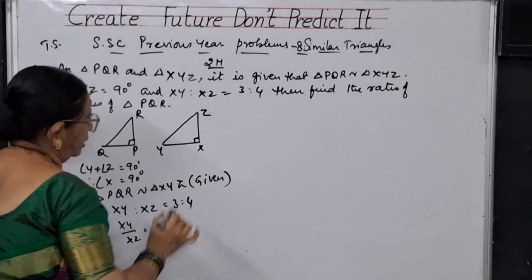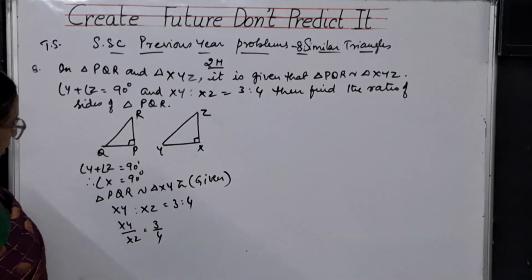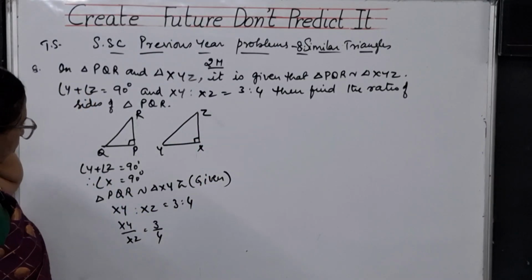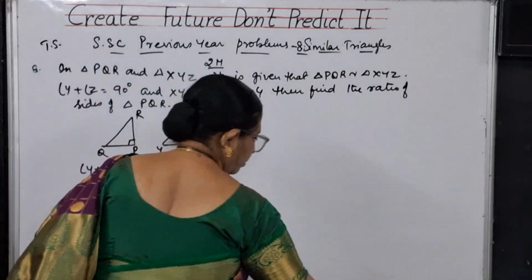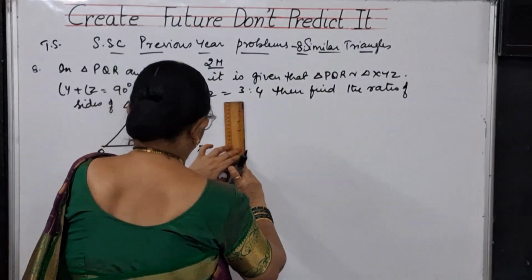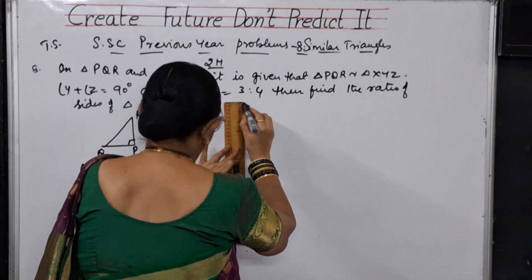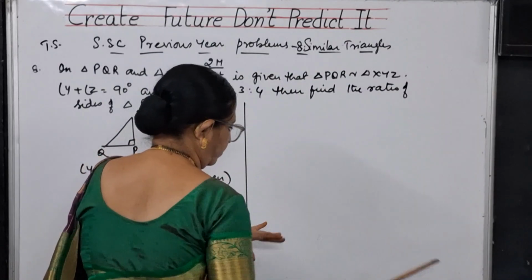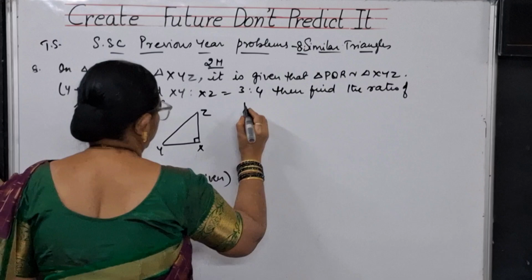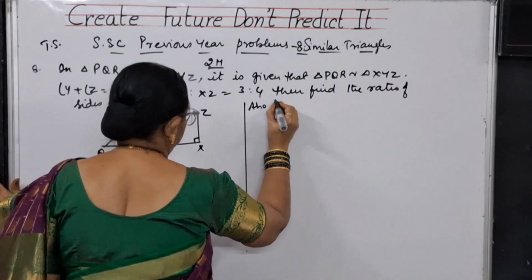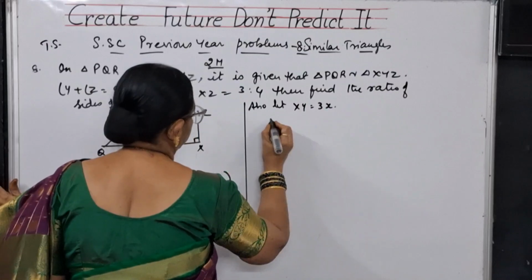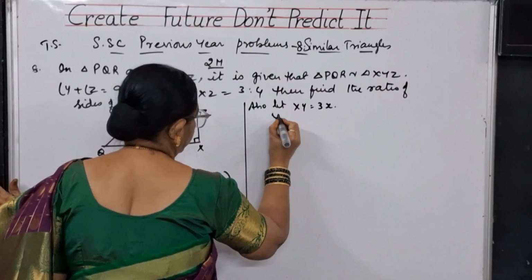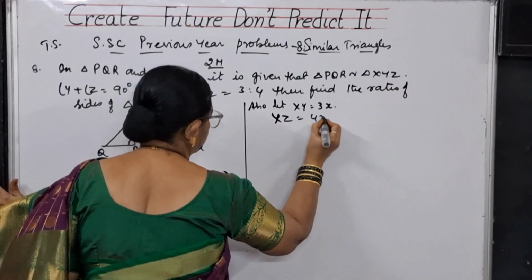First we need to find out what is YZ. Let XY is equal to 3x, XZ is equal to 4x.